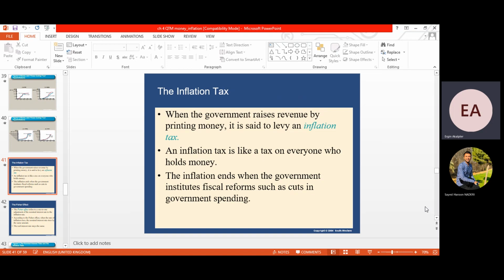Let's say they are putting some heavy tax on the imported inputs, or they are continuously printing money, or they are not employing open market operations, or the central bank is continuously not being allowed to manage the inflation.